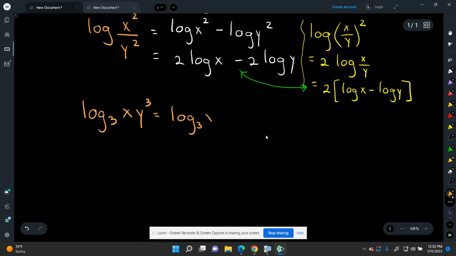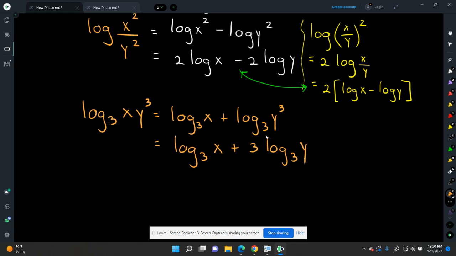Log base 3 of x plus log base 3 of y to the third. And then what? Log base 3 of x plus 3 log base 3 of y. And we're done. Questions on expanding? We're going to do some harder ones, but let's finish this worksheet first.